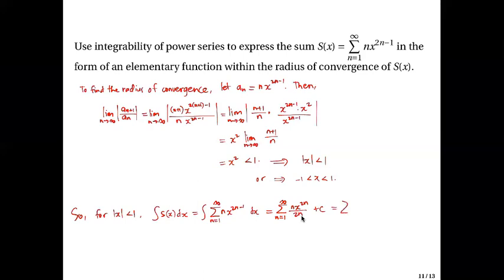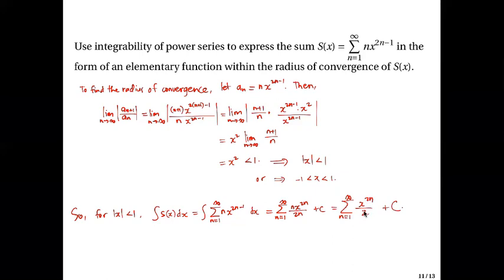Anyway, you'll just have the series from 1 up to plus infinity of x raised to 2n over 2, and then the plus c. So now we have the integral of s of x dx, and it's given by this power series. But what is this power series?